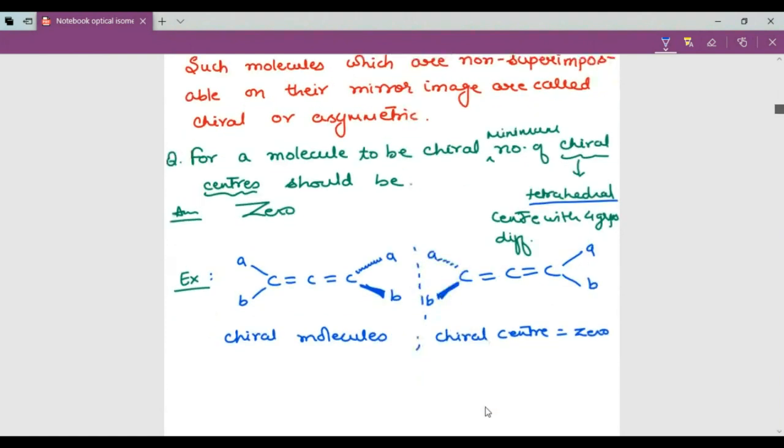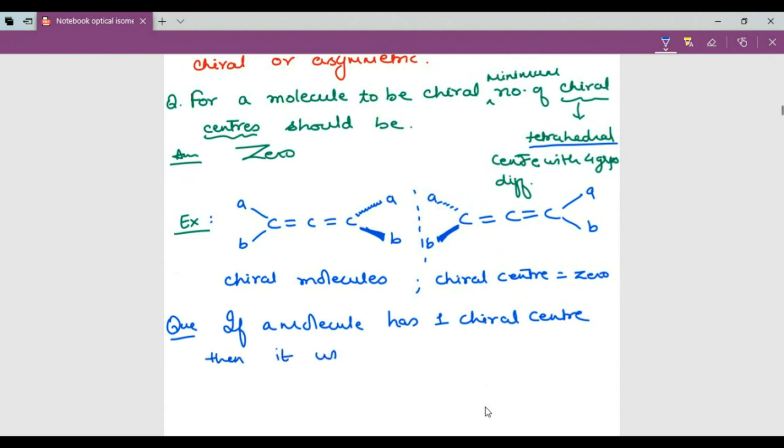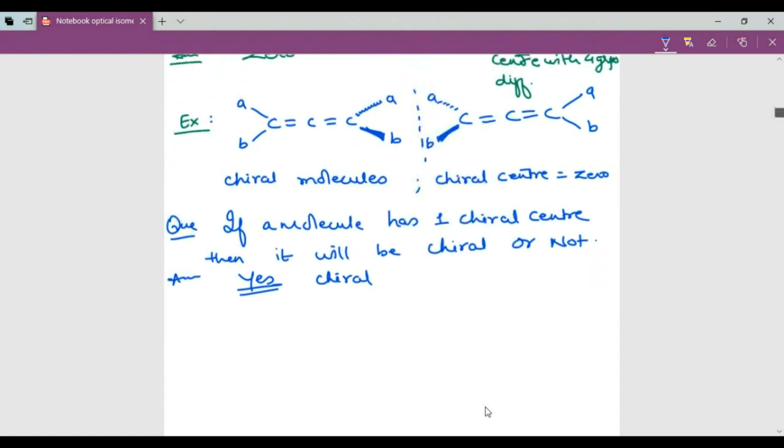Okay, so first thing is for a molecule to be chiral, there is no need to have a compulsory presence of a chiral center. But if a molecule has one chiral center, will it be chiral or not? Answer is yes, chiral. If it has only one chiral center, then it will be chiral.